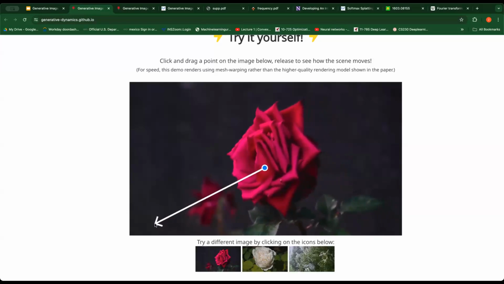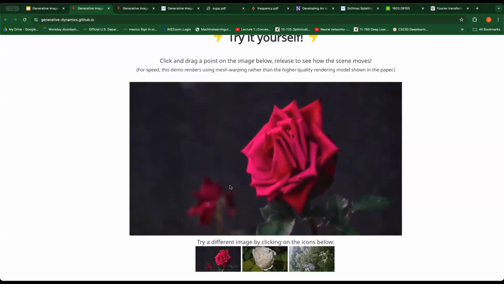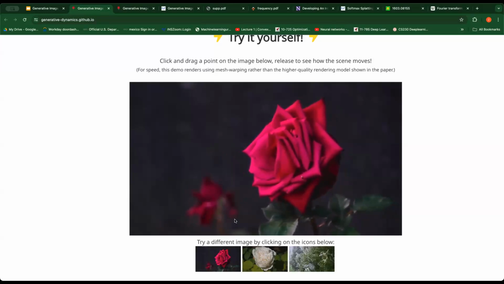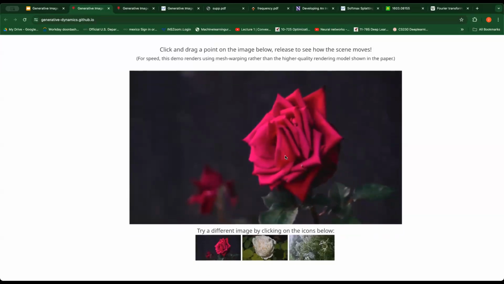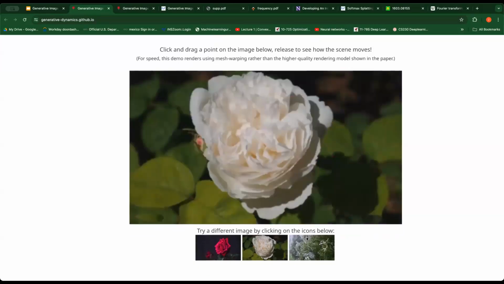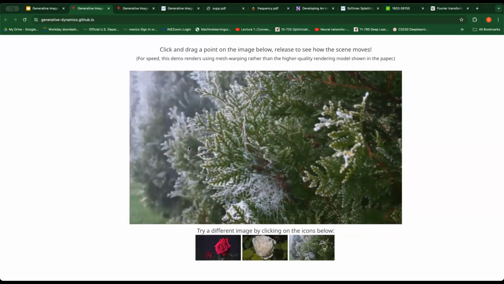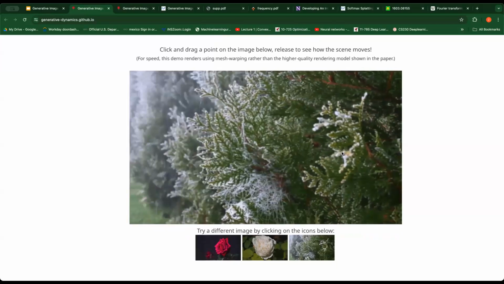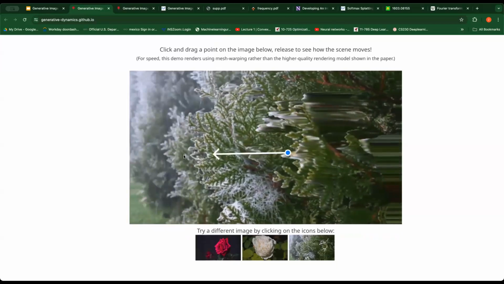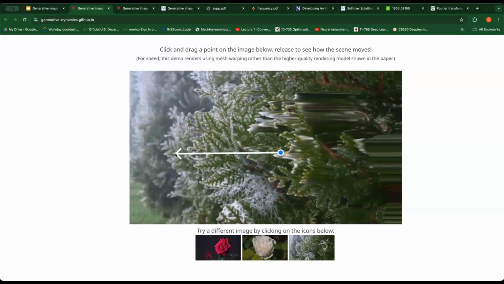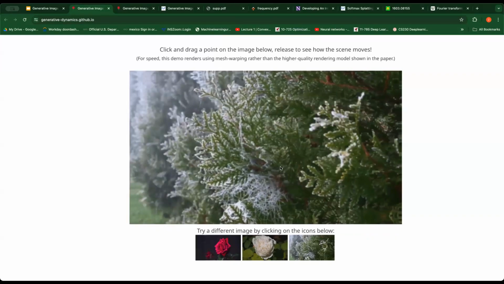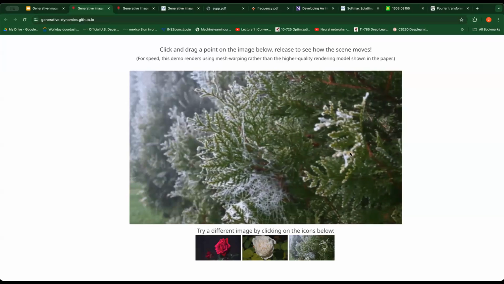So of course, they present more cases. For this one, I feel like it has a little bit of a resolution issue or a weird thing, but in general it looks good. So this is what you can interact with the pictures.